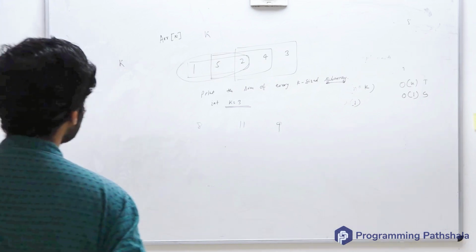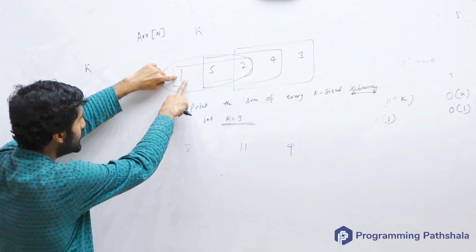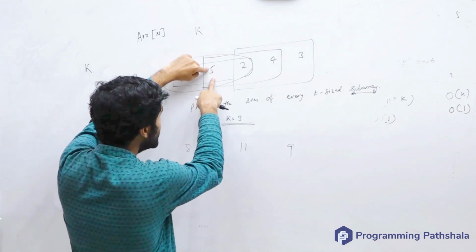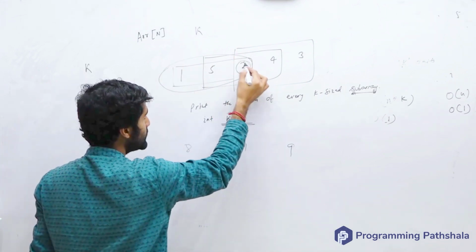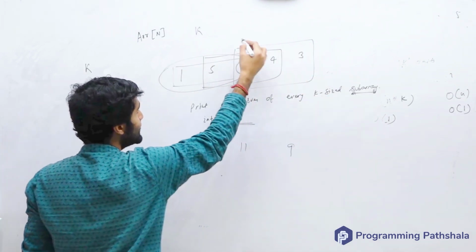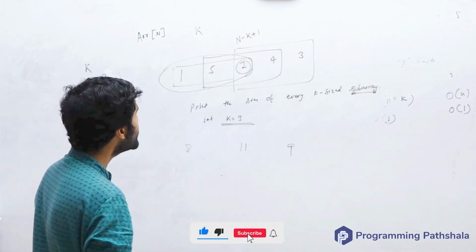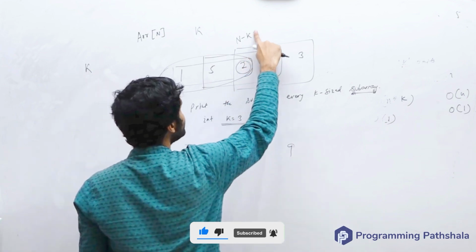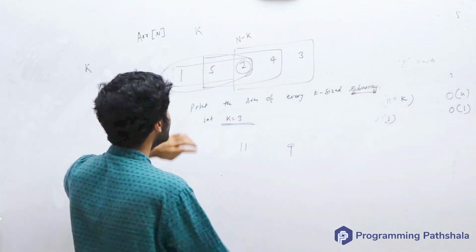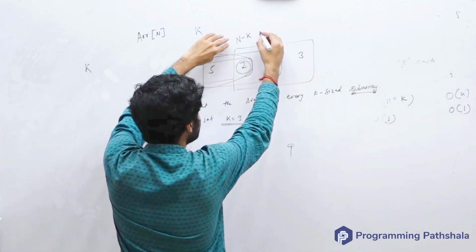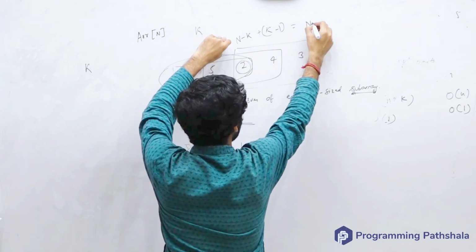And how can I say that? Because there will be a subarray that starts from index 0, a subarray that starts from index 1, and a subarray that starts from index 2. What will be the last index from which a subarray of size k starts? That index for sure will be n minus k. Sorry, I said n minus k plus 1, but this will be n minus k, because if this is n minus k, then with k more elements, excluding this one, k minus 1, the last index will be n minus 1.